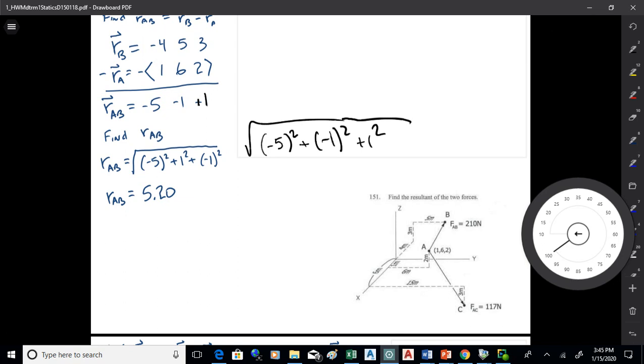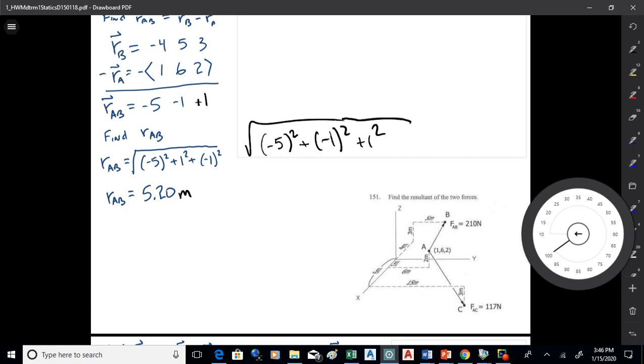Okay? And how it's set up, divide by your magnitude and multiply it times your force. All right, so we got that. What we did, we got a position vector. We found the magnitude of the position vector, which is the length. So this distance is 5.2 meters.